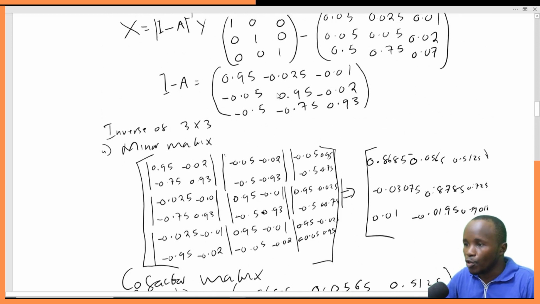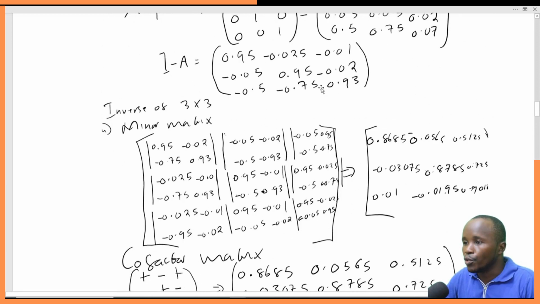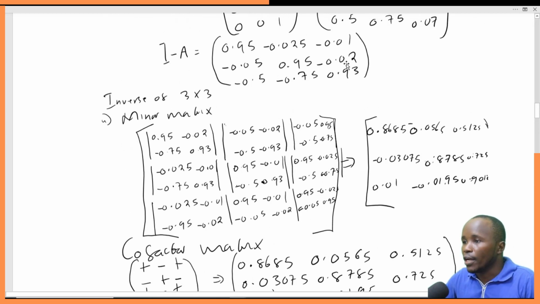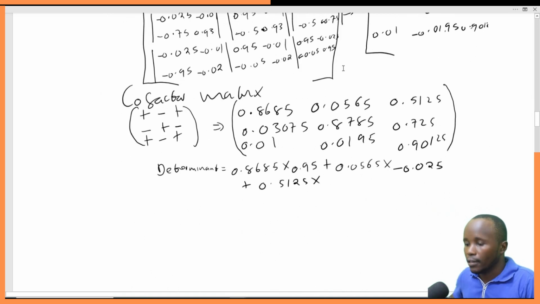Here, negative 0.025. I come here, multiply this one by negative 0.025 plus 0.5125. I multiply by this one, negative 0.01. So when you add this one, you get the determinant.